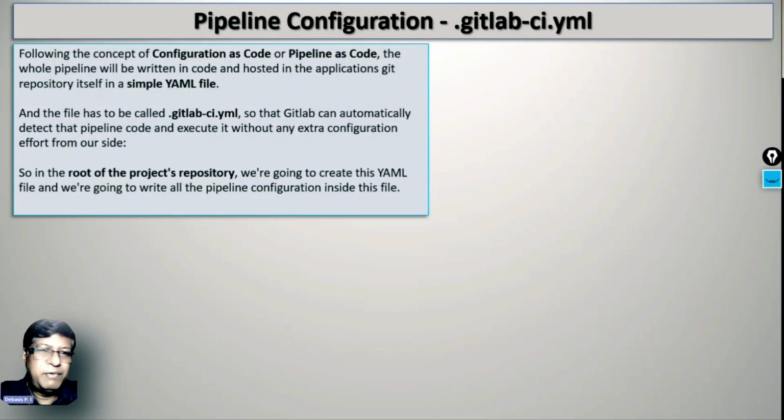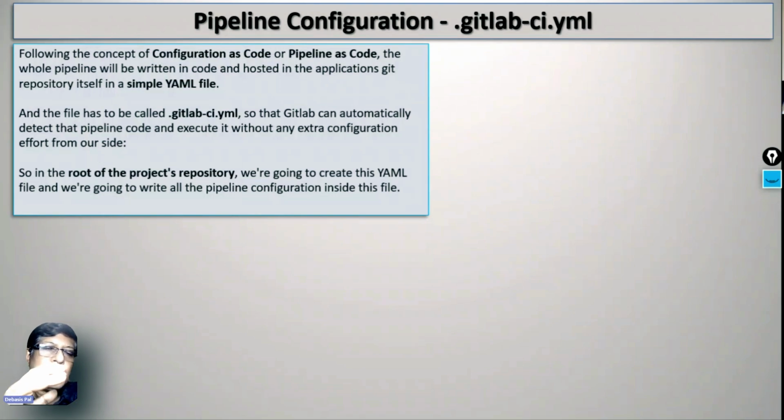I will not go into those details, but you will write your declarative script within it. It is like a shell script. You are writing within this particular YAML configuration file, so you are coding your pipeline. That is a very important aspect.